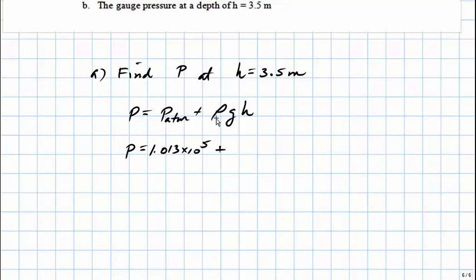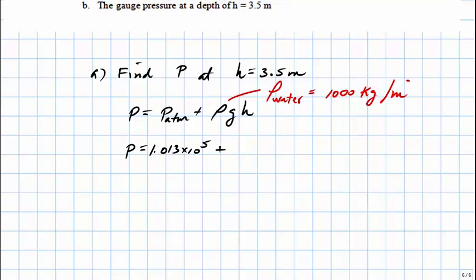We now need to look up the density of water in the textbook. The density table in the textbook reveals that the density of water equals 1,000 kilograms per cubic meter.